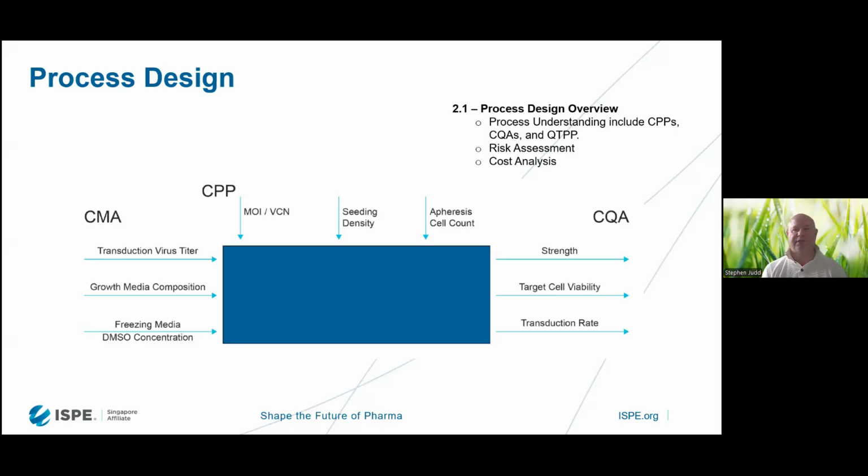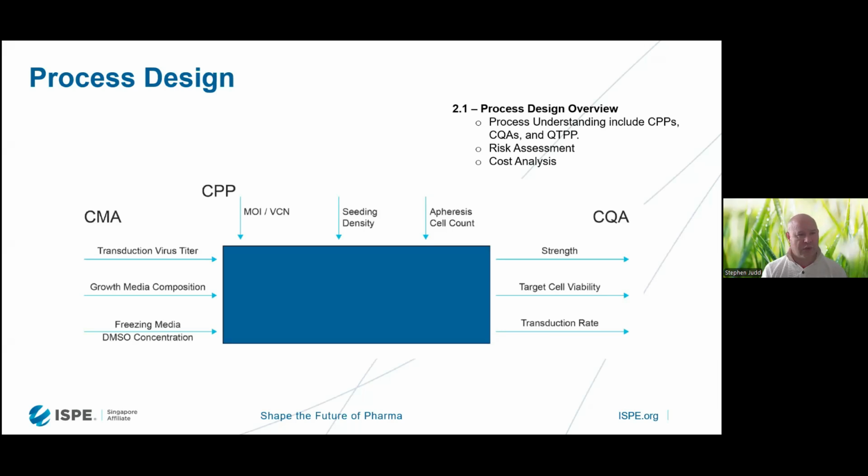But there's a lot of differences and challenges associated with this that are quite novel to this industry compared to other modalities, not least because we're talking about cellular products that are derived potentially from patients if we're looking at autologous therapies.